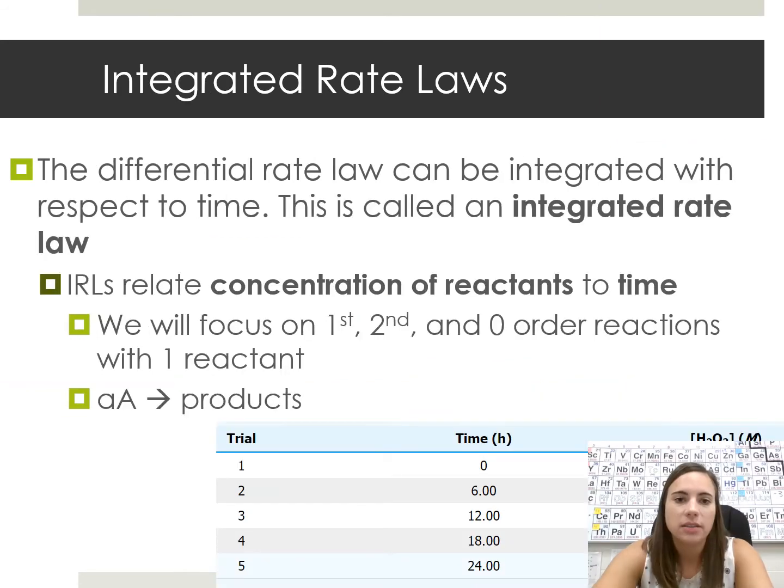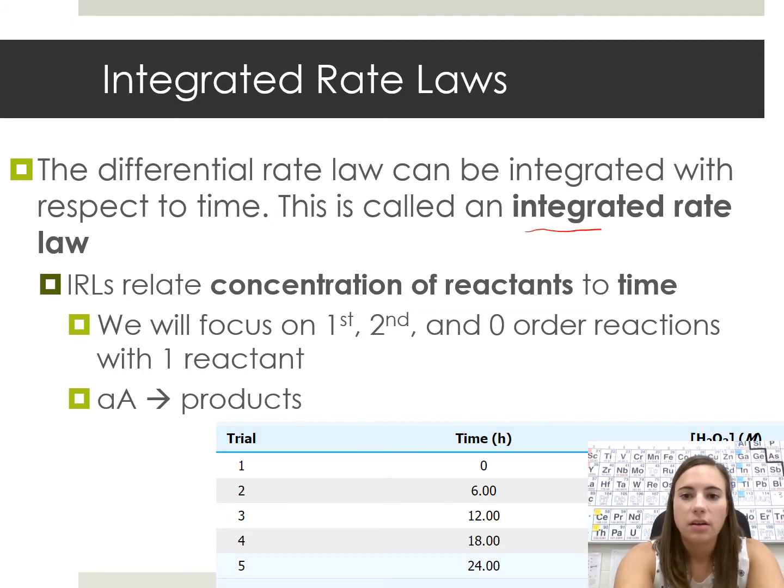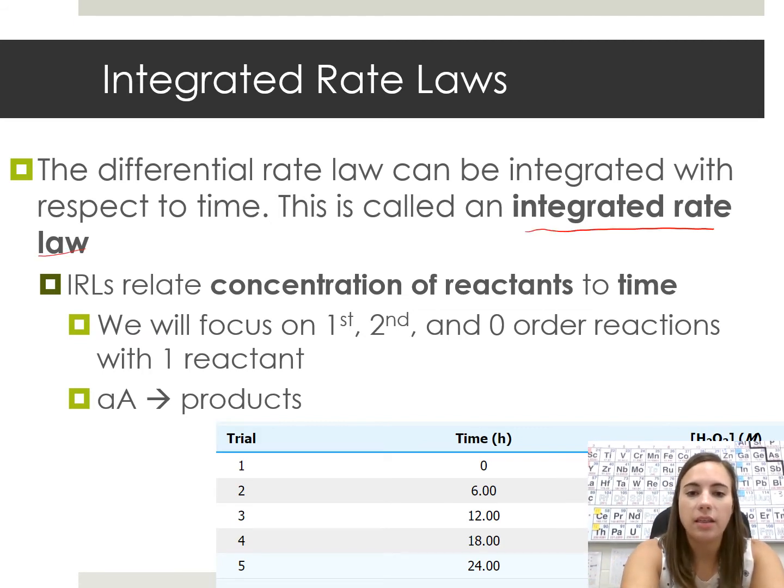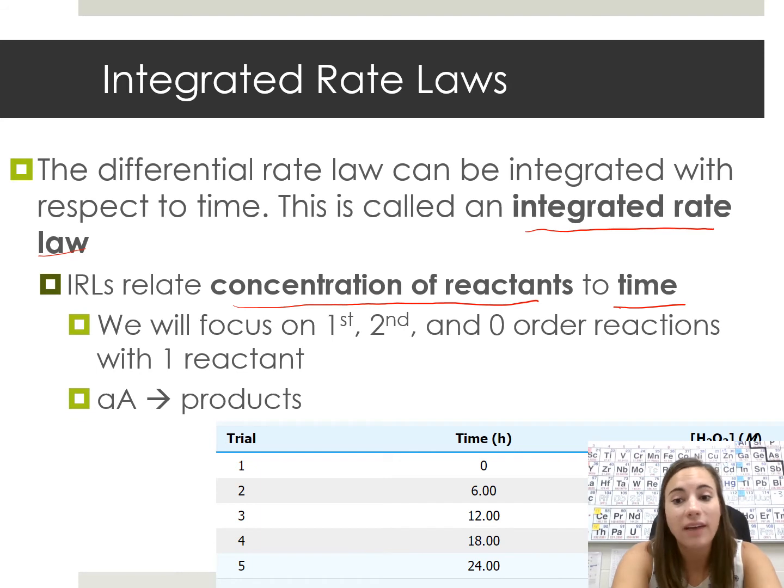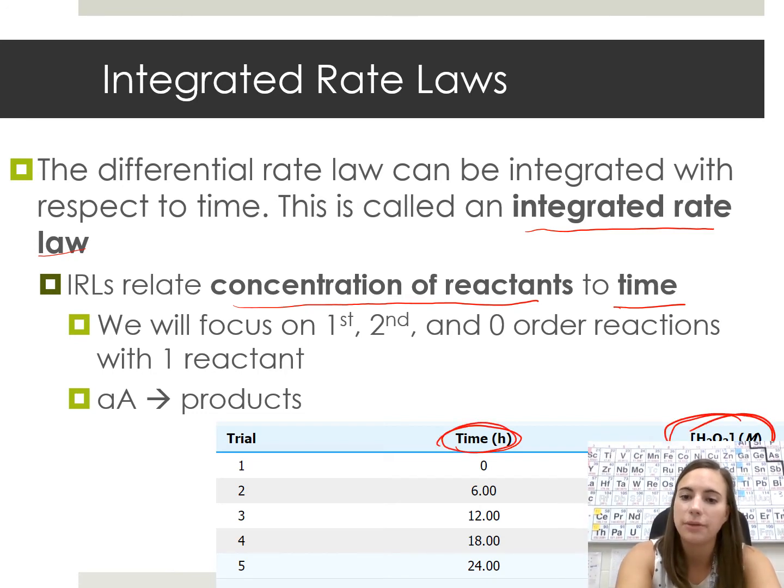That's because integrated rate laws actually relate the concentration of reactants to time. So we can immediately tell that we have an integrated rate law question rather than a differential rate law question because we're given time and concentration.